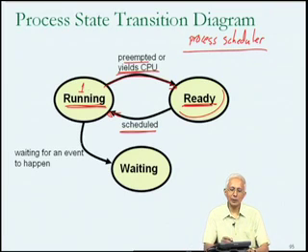Okay, now if we look at the arc going from the running state to the waiting state, we see that it is labeled waiting for an event to happen.